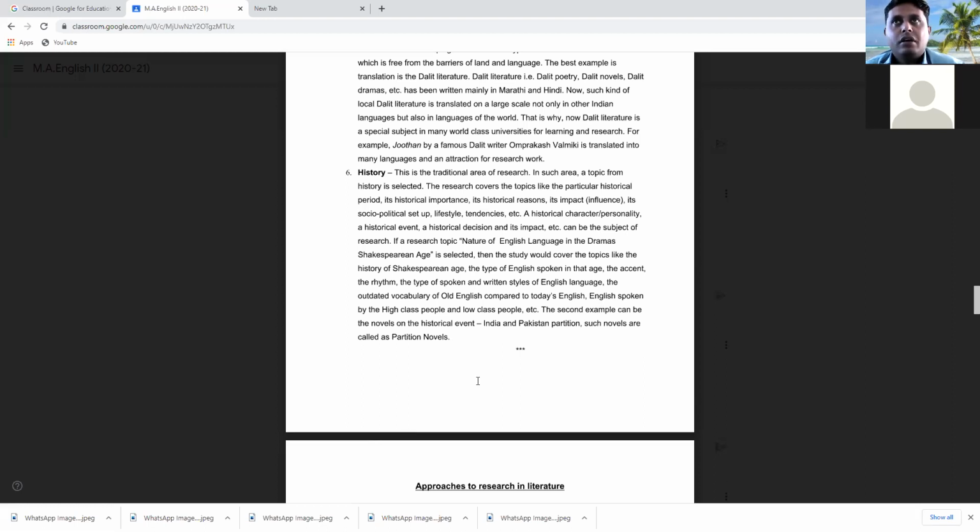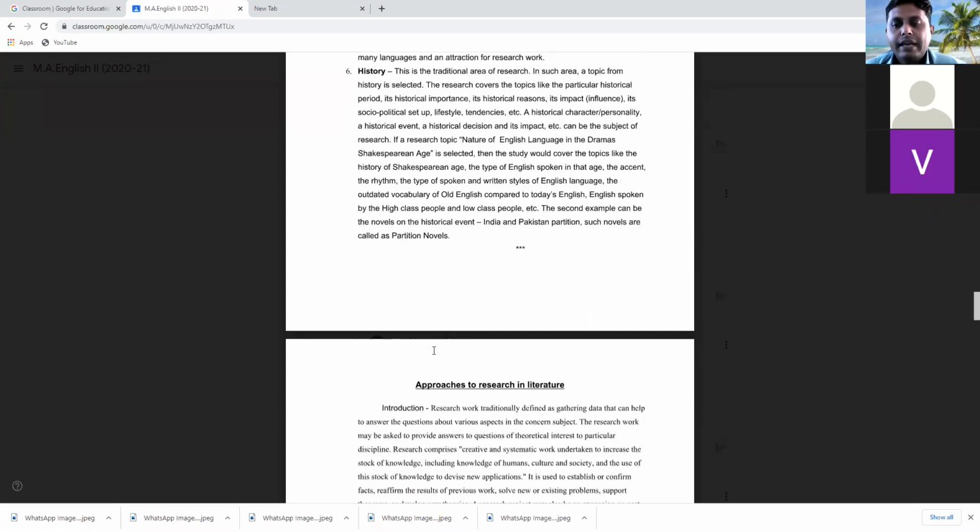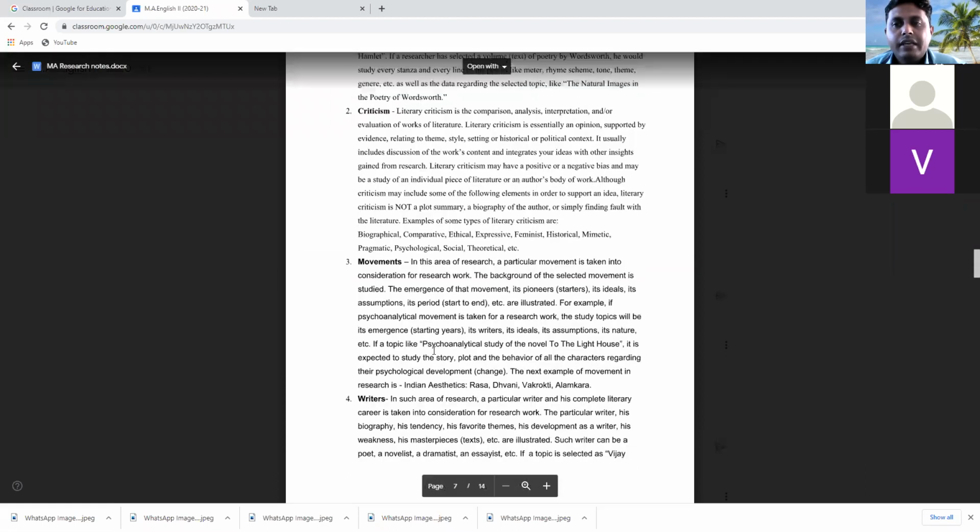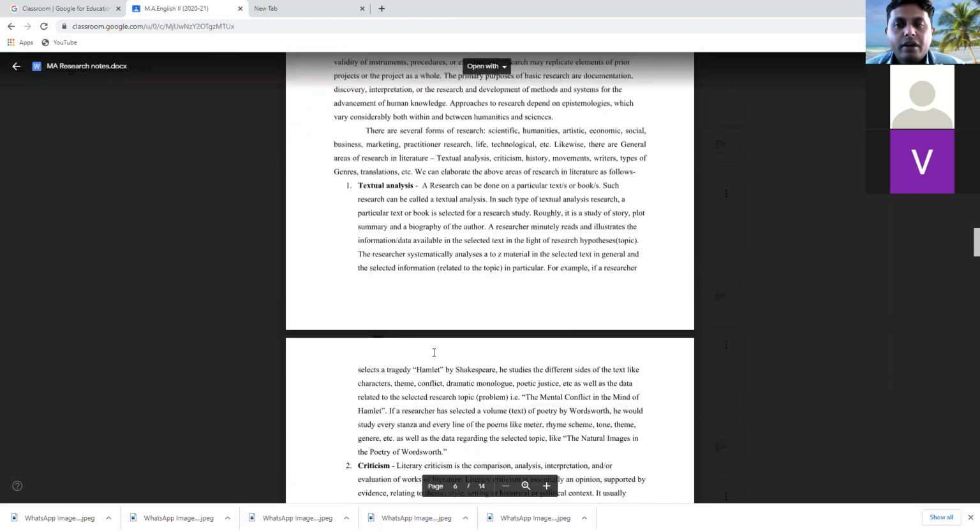The archaeological importance of the forts in Konkan also becomes historical research.